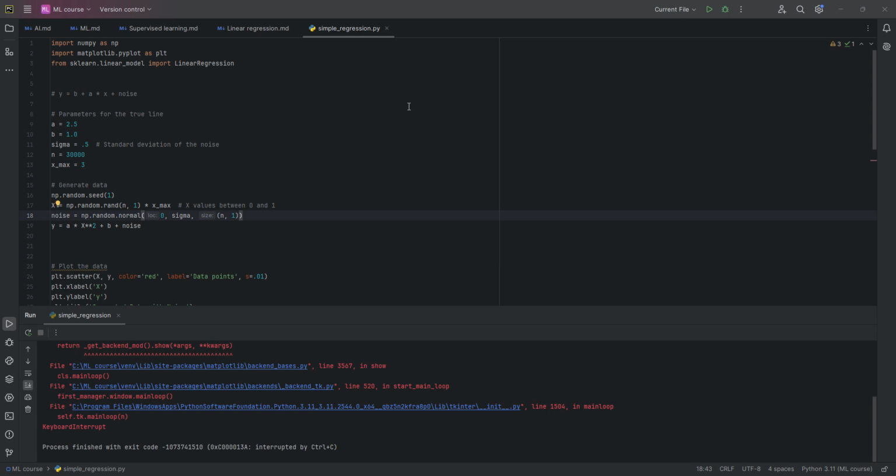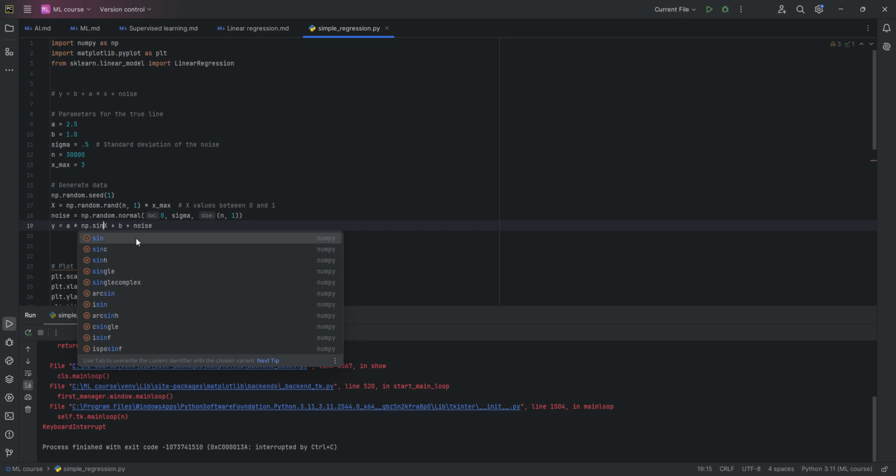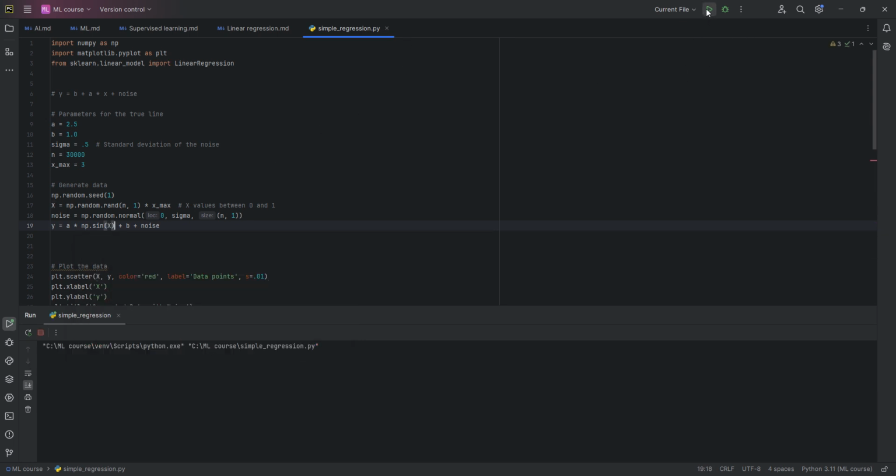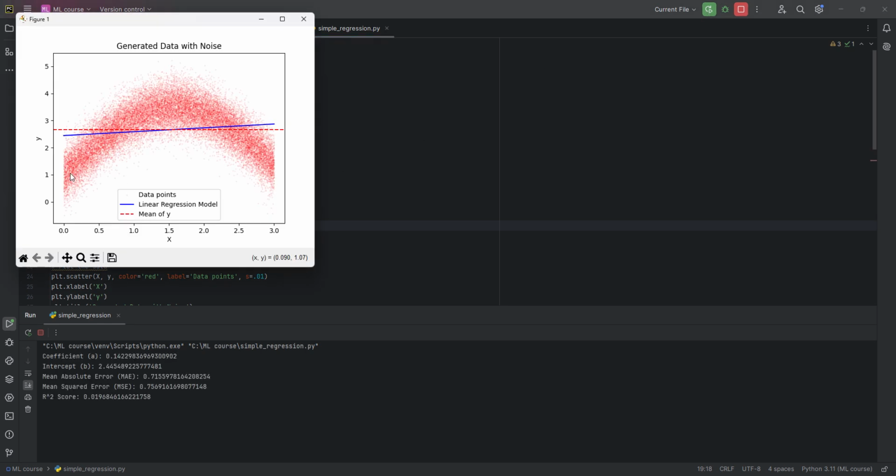We can also test other functions for our underlying ground truth and see how the linear regression fits that. So instead of this function, we can have a sine function, for example, and if we run this again, this is our ground truth now, oscillating based on the x, and our model, a linear model, is a very poor fit.